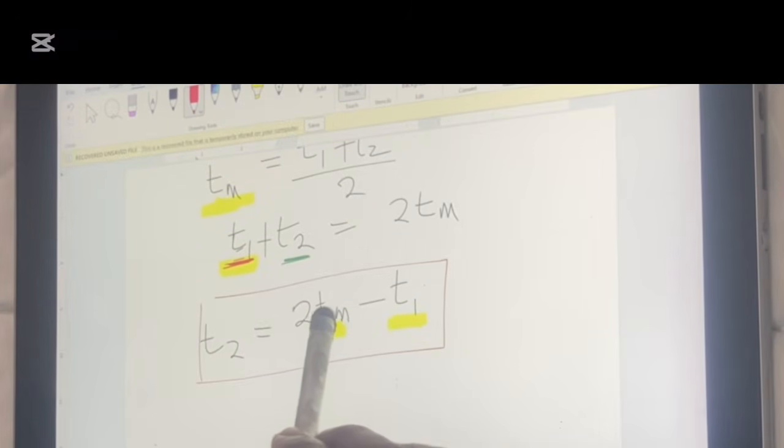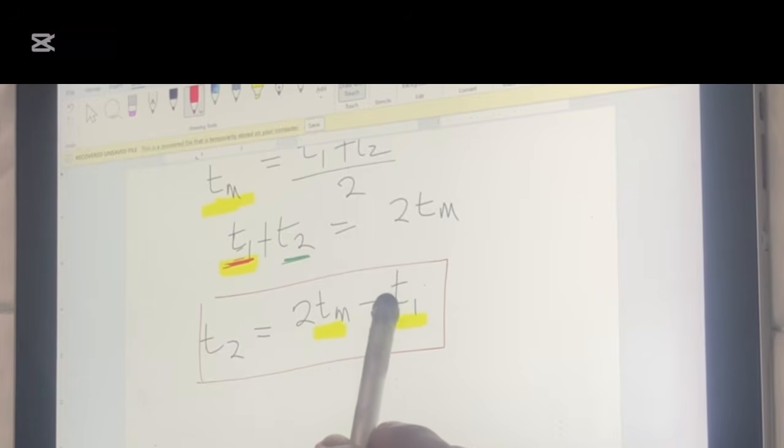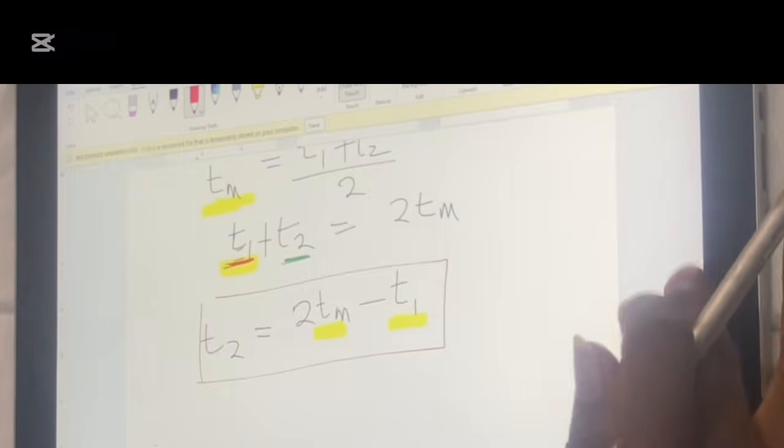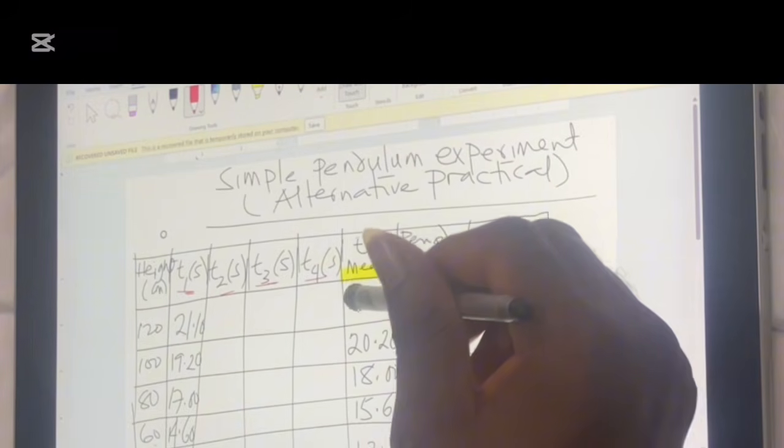Multiply the Tm by 2, then subtract T1 from it. That means I will multiply this by 2.